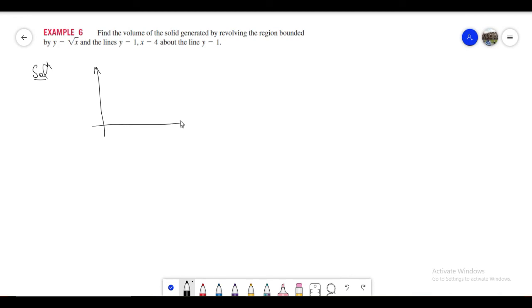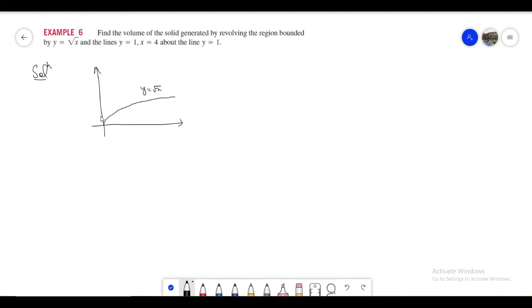First we have to look for the region which is bounded by the curve y equals root x, which is this. This is the curve y equals root x. At the same time, he is saying that the region is bounded by this curve and the line y equals 1.